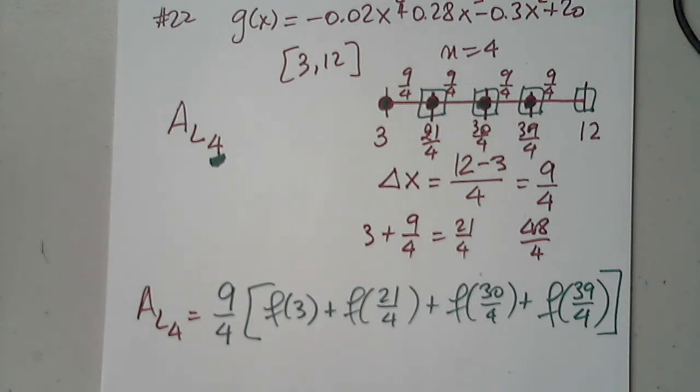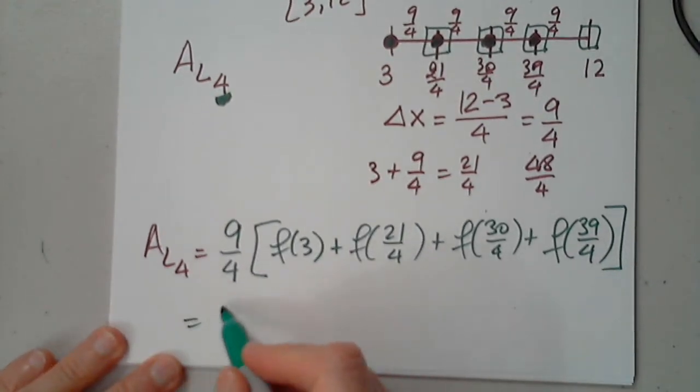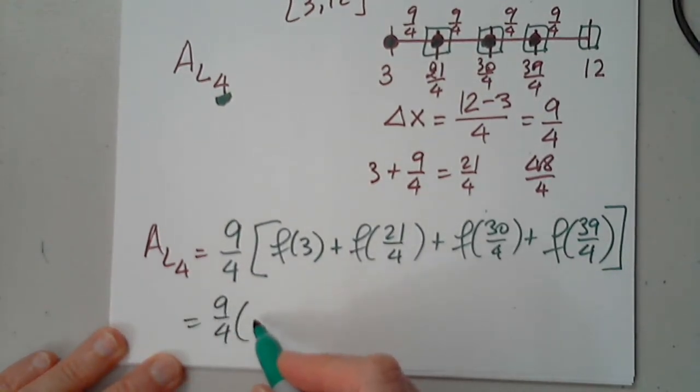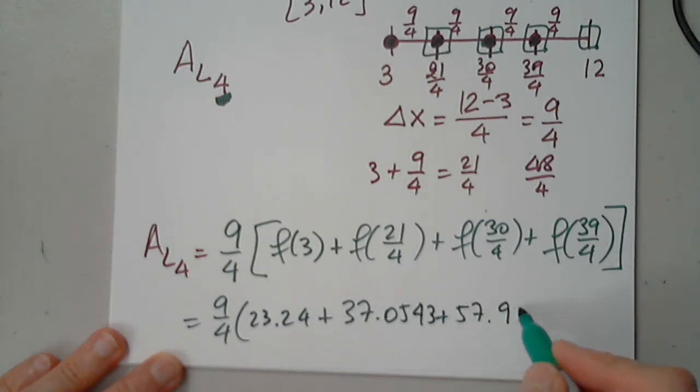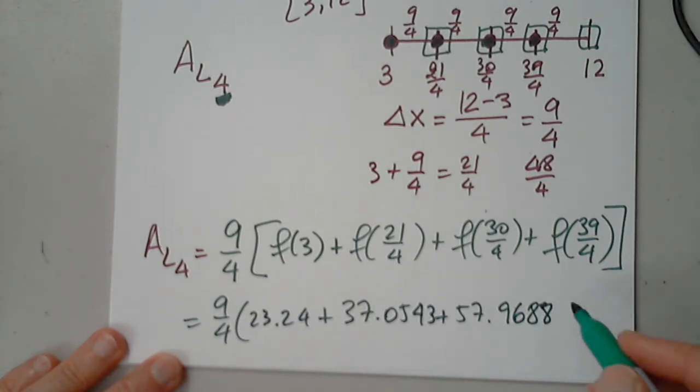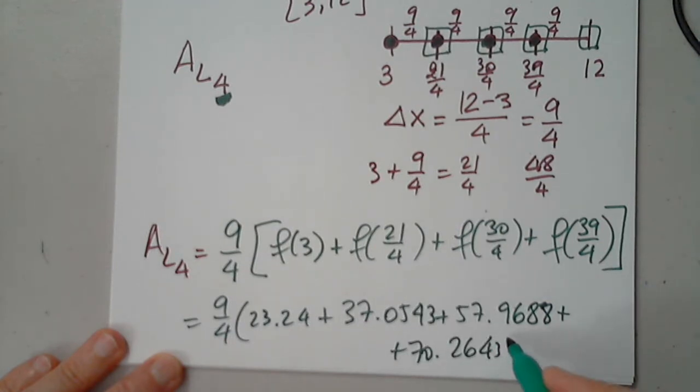So I'm going to use 4 decimal digits. And I'm going to write 9/4. And then I have 23.24. And then 37.0543. And then I have 57.9688. And the last one, 70.2643.